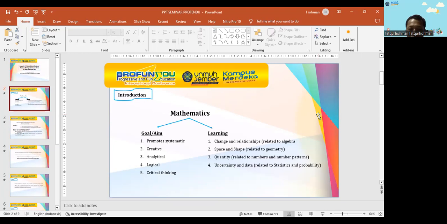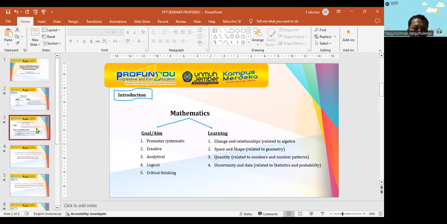For the learning of mathematics, namely change and relationships relate to algebra, space and shape relate to geometry, quantity relates to number and number patterns, and uncertainty and data relate to statistics and probability.